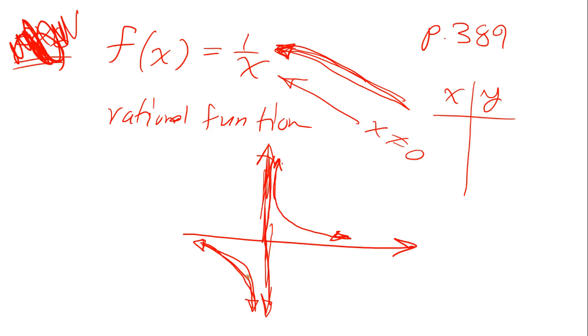Just like here, it gets close to 0, but it never actually touches it and never actually crosses it. So this graph is forced to stay on this side, and this section is forced to stay on this side. And that's basically how these things get their shape. And this is called a vertical asymptote.